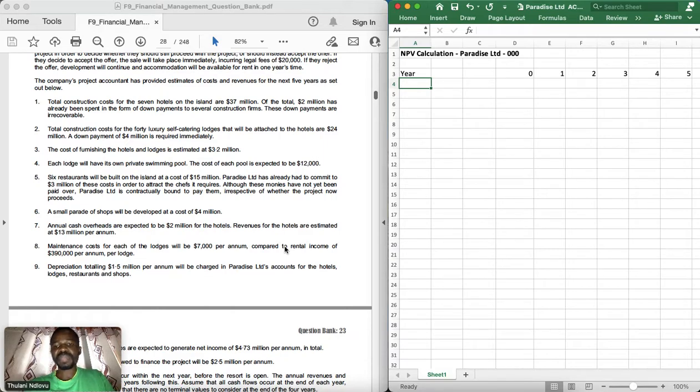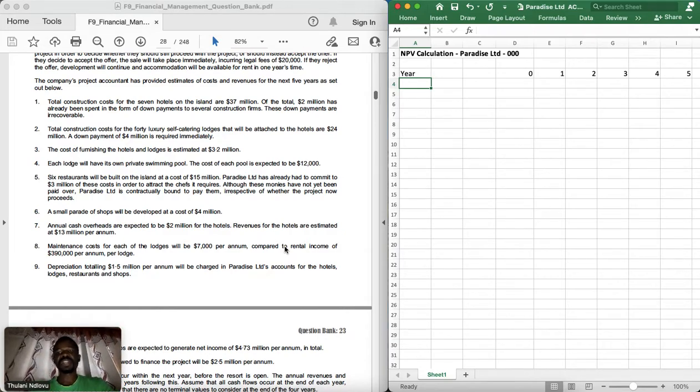Note 5: 6 restaurants will be built on the island at a cost of 15 million. Paradise Limited has already had to commit to 3 million of these costs in order to attract the chefs it requires. Although these monies have not yet been paid over, Paradise Limited is contractually bound to pay them irrespective of whether the project now proceeds.